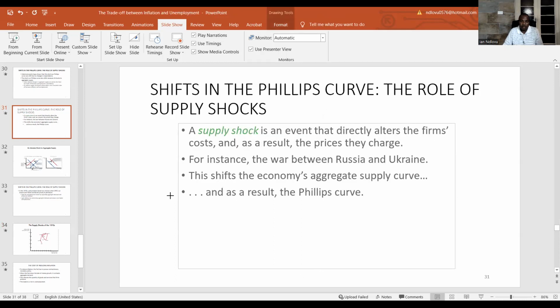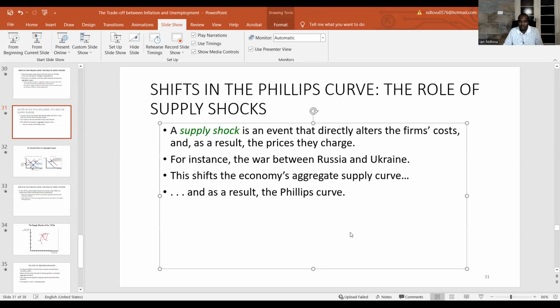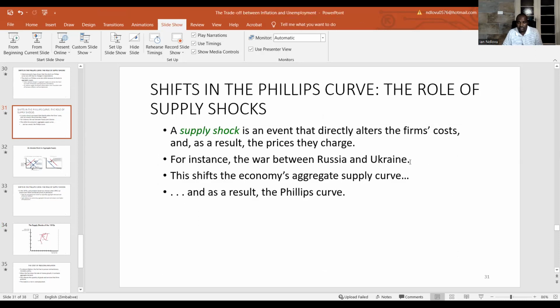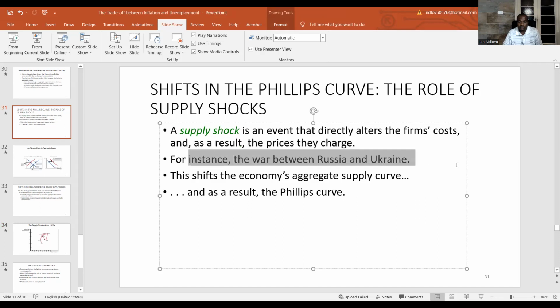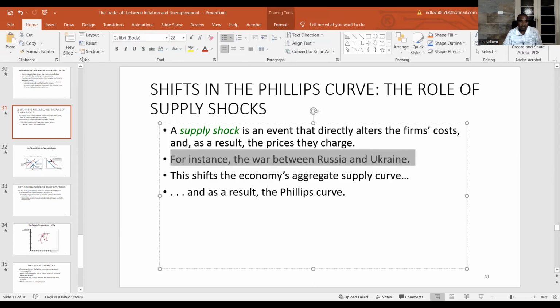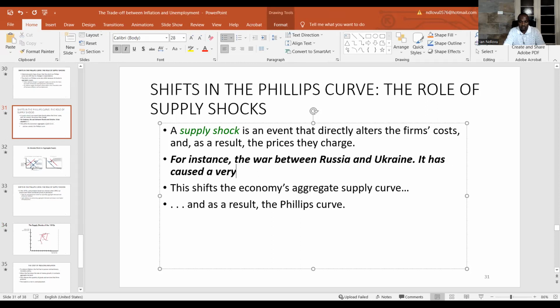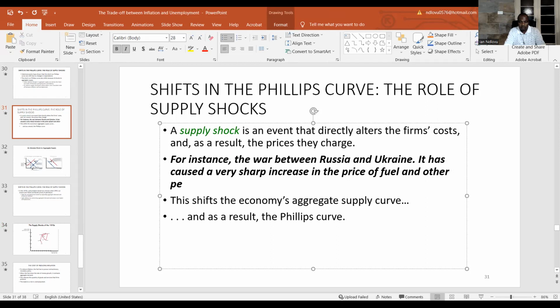Granted, Russia has got more firepower and other military resources or assets, but again, it's a war situation, which has caused a very sharp increase in the price of fuel and other petroleum products.